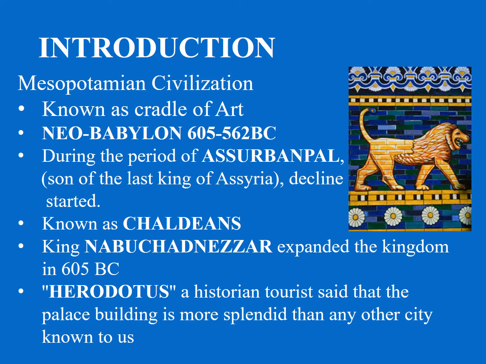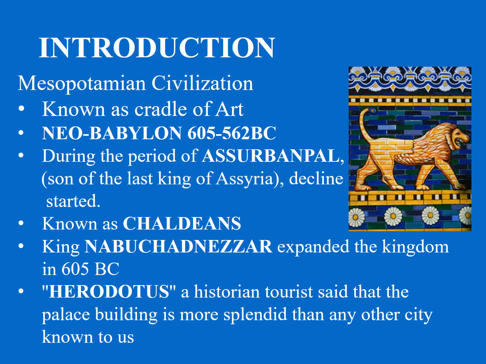So we just start to have a little glimpse of the New Babylon kingdom. During the period of Ashurbanipal, the son of the last king of Assyria, the decline period started. People from North Babylon took a stand and came in the form of the new power of Babylon. They are known as Chaldeans.